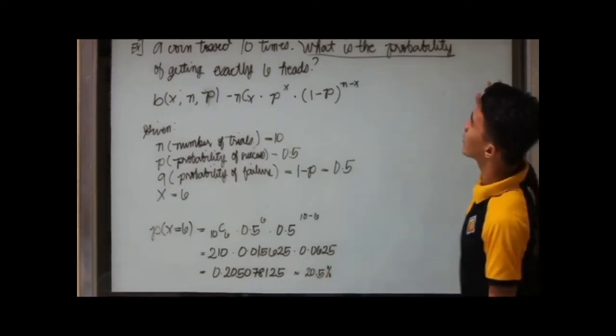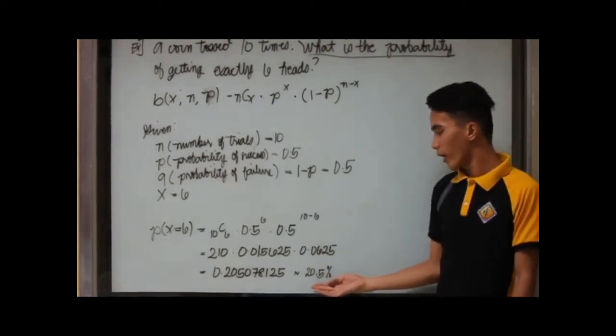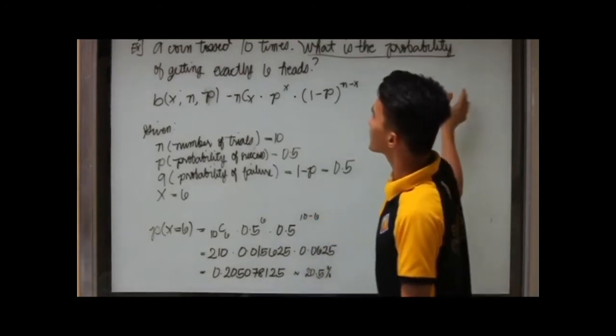So the probability of getting exactly 6 heads is 20.5%.